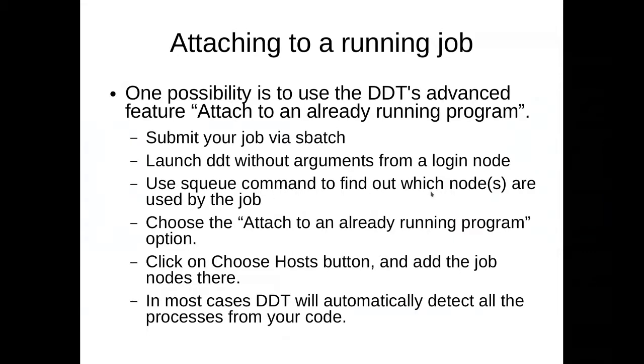There will be one or more nodes the job is using, and then you enter them inside the DDT window, and it will automatically attach to the running job. Sometimes you have to say which binary you're debugging, providing the name of the binary, so it can find that binary on the remote node. And then you can debug it as usual.